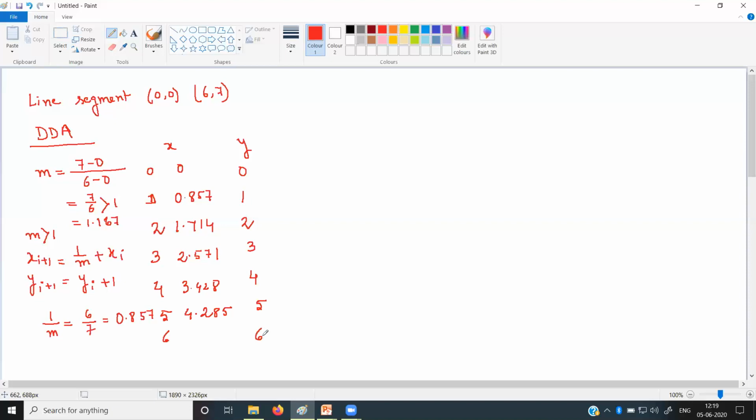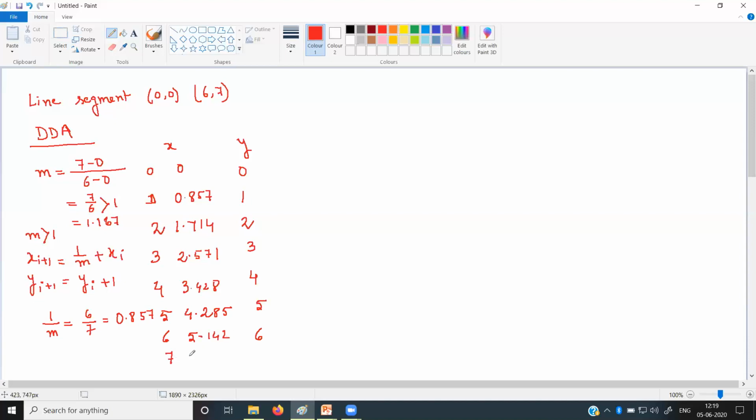What will be my x value? My x value will be 4.285 plus 0.857. If you do it, it will become 5.142.